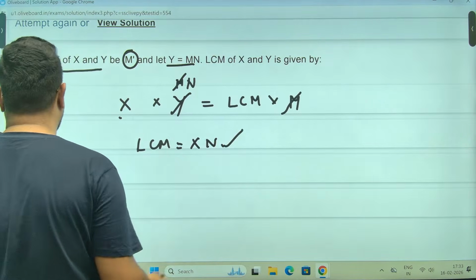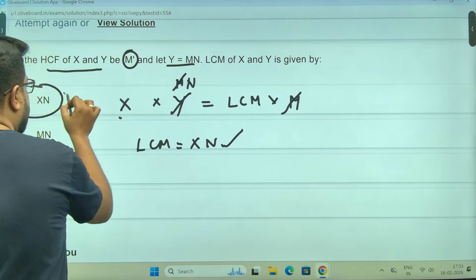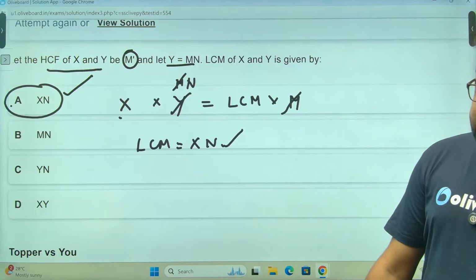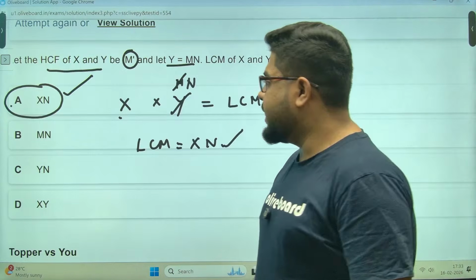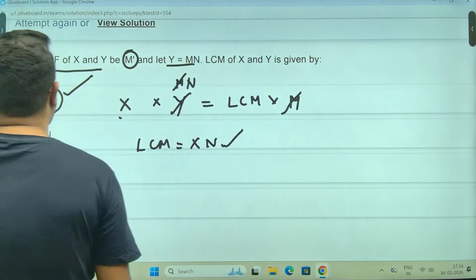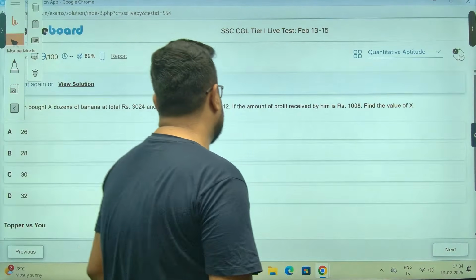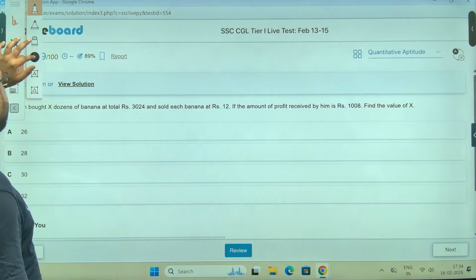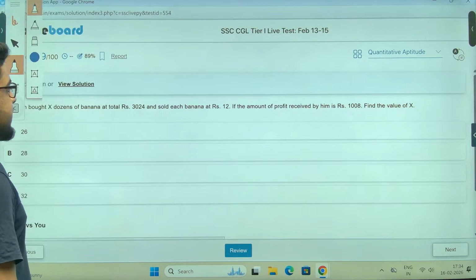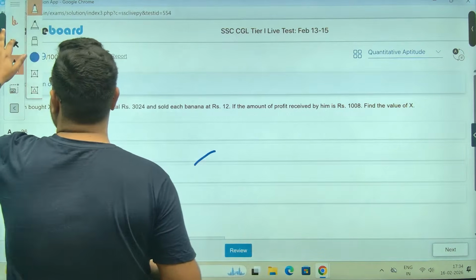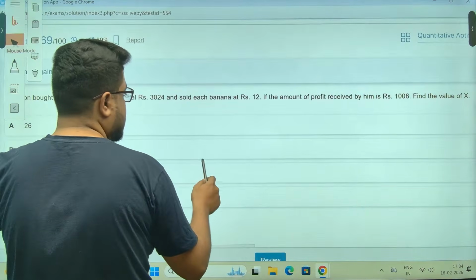That's your answer, sir. Option number A, x into n. That is most definitely your correct answer. Again, you don't need to do much to get to this answer. Clear, everyone? Achha. Sorry. Chalo.